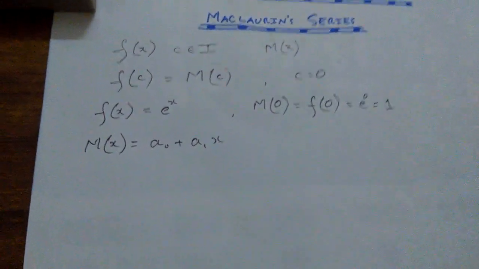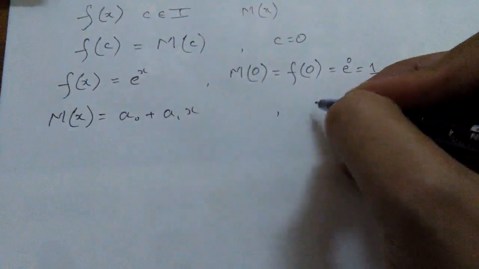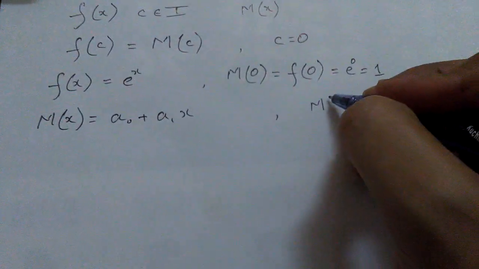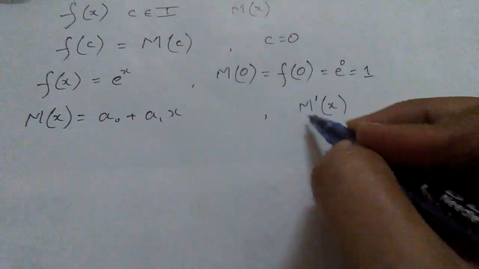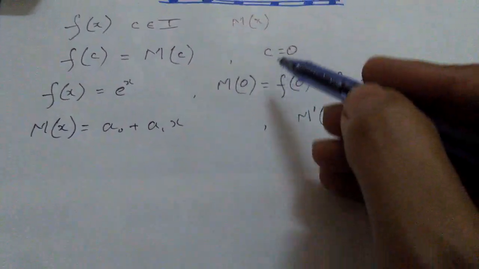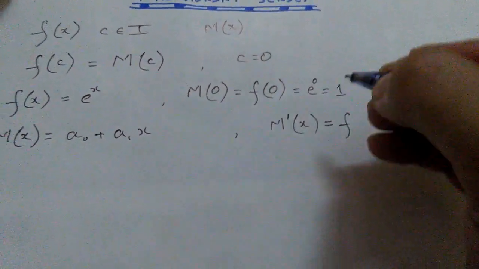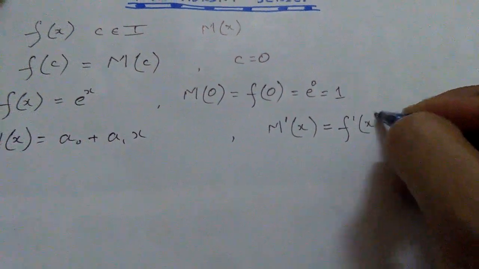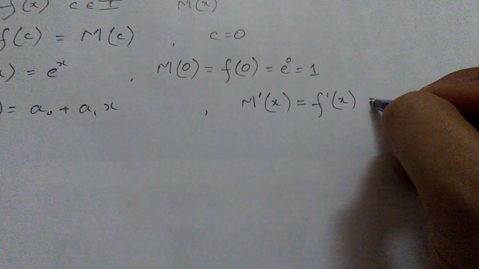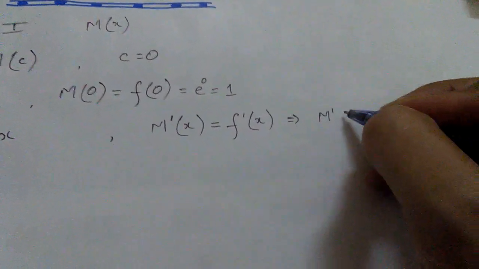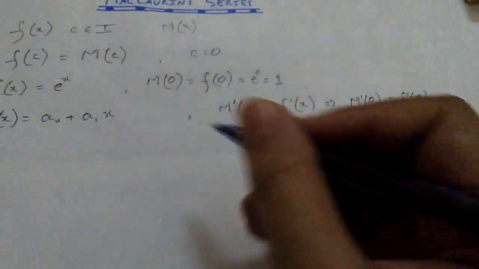The condition I am using is that the slope of this polynomial, which can be understood by means of the derivative, at c equals 0 should be exactly equal to the slope of the original function at c equals 0. So m dash at 0 should be equal to f dash at 0.